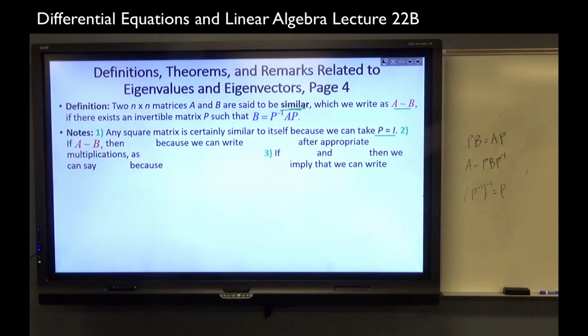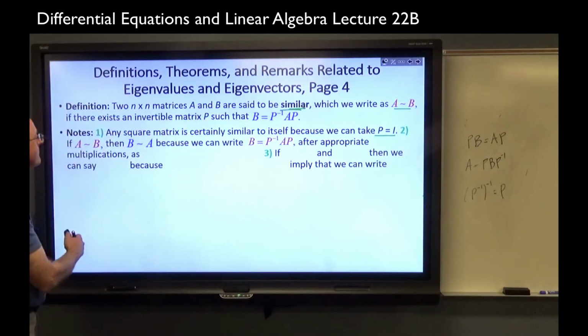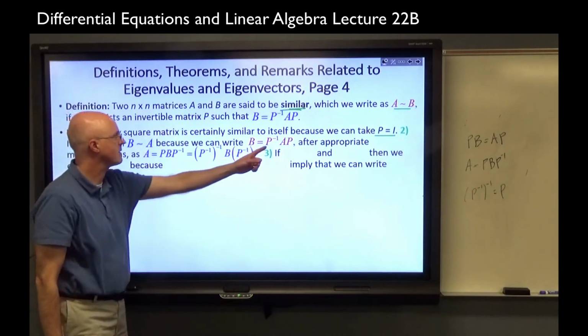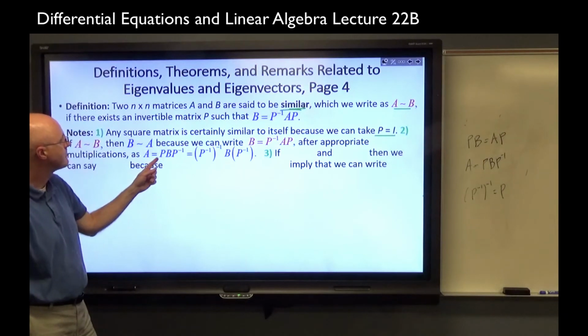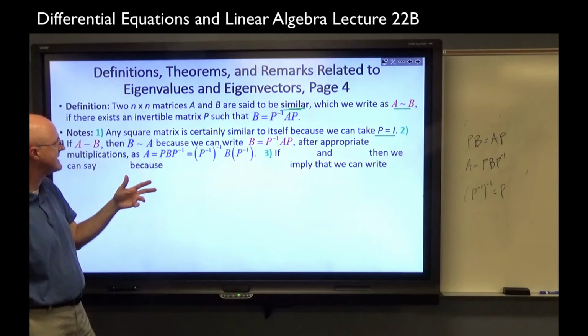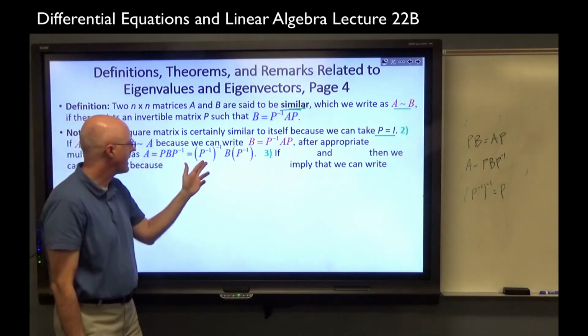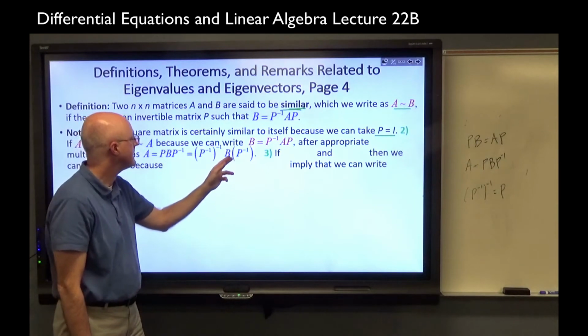Second property. If A is similar to B, then B is similar to A. Essentially because of what I just did over there. Written another way, like this. If B is P inverse times A times P, then I can say A is P times B times P inverse, just like I had over there, and that could be emphasized this way: the inverse of P inverse, which is P itself, times B times P inverse.